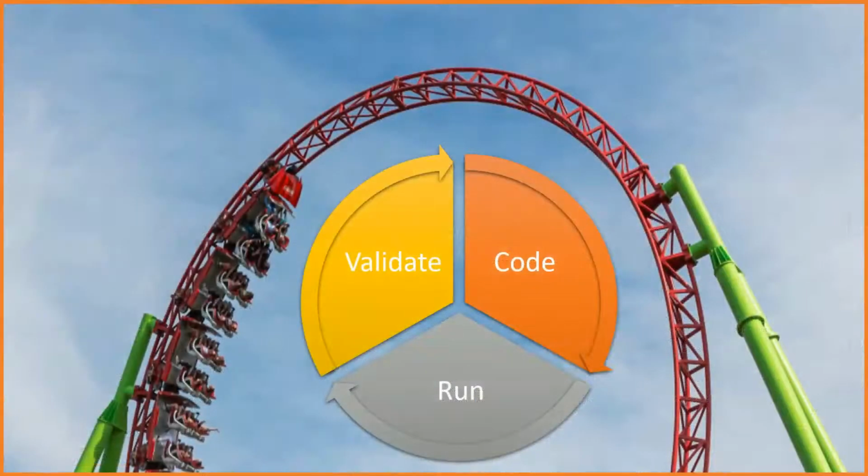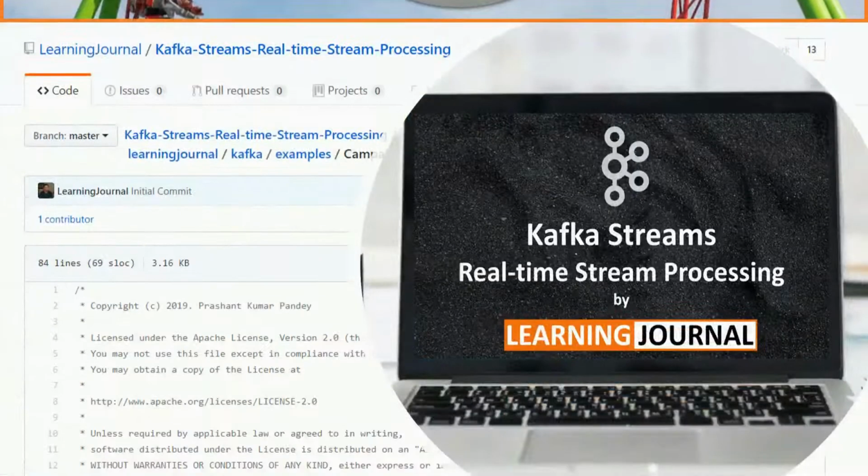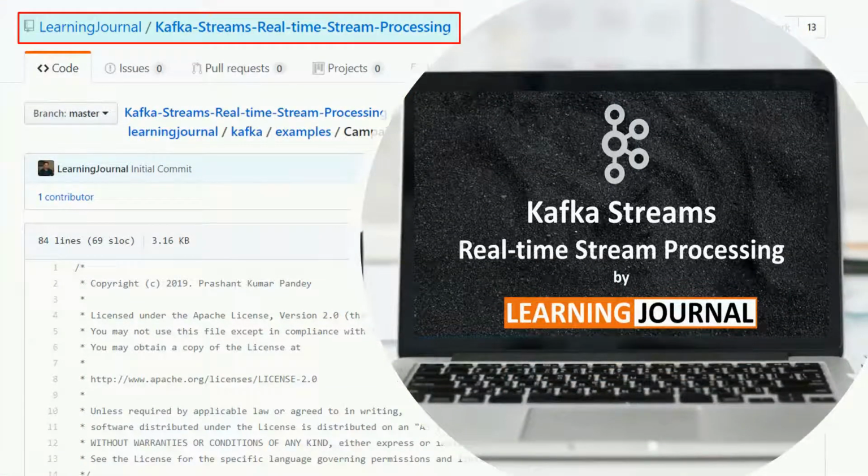I see a lot of people applying an incremental approach. They write some code, test it once, then add some more code and test it again. This progressive approach helps you to focus on a smaller part and narrow down the problem area to fix them quickly.